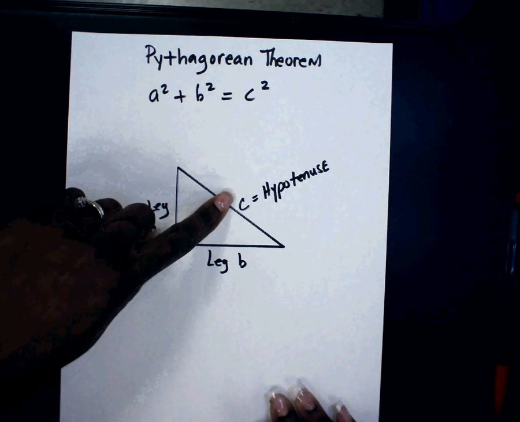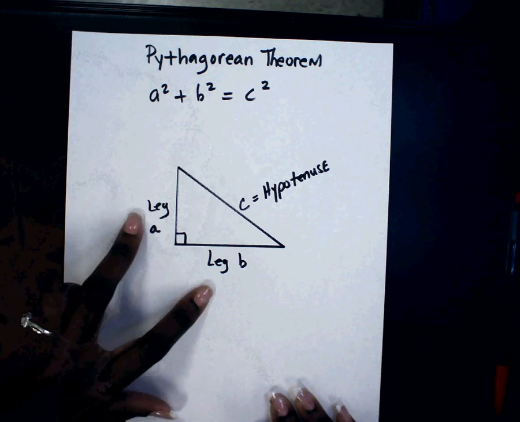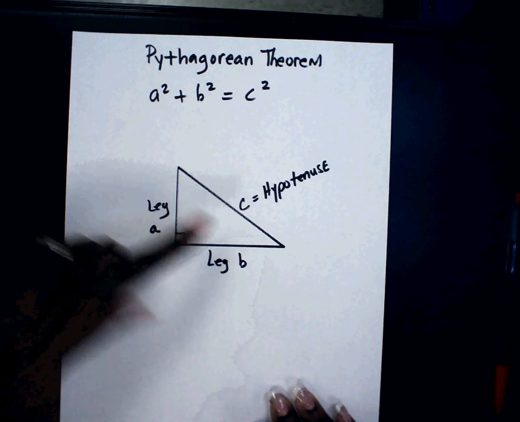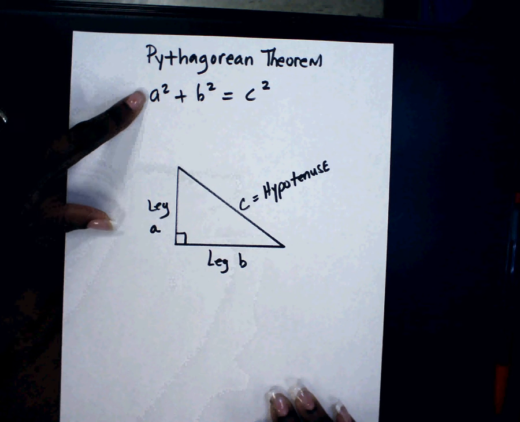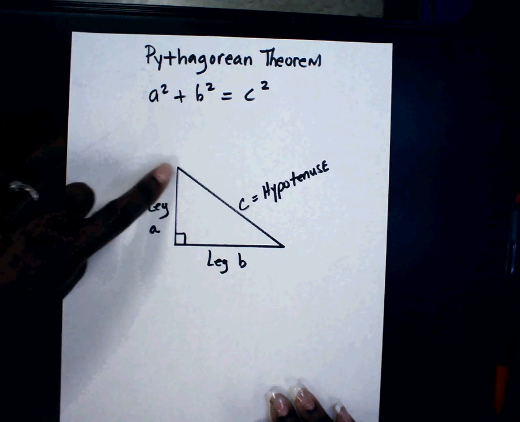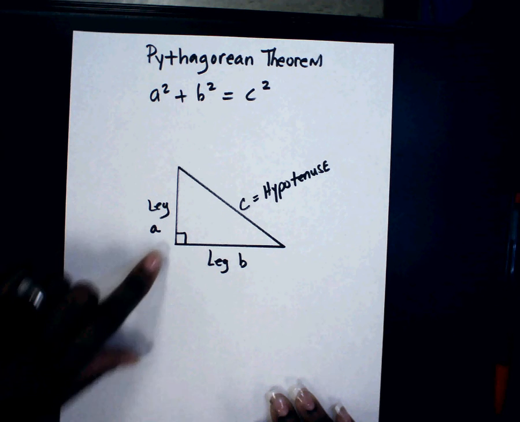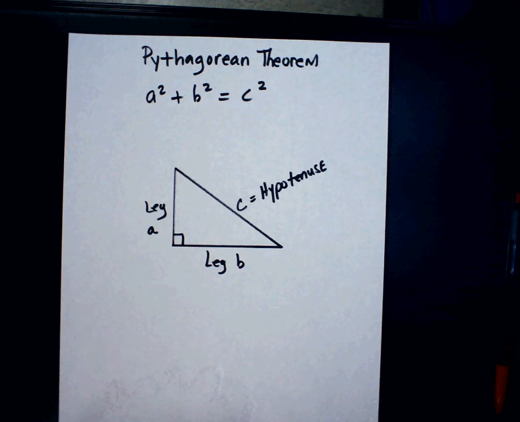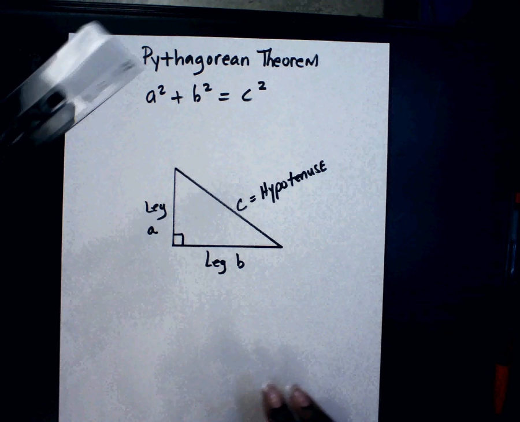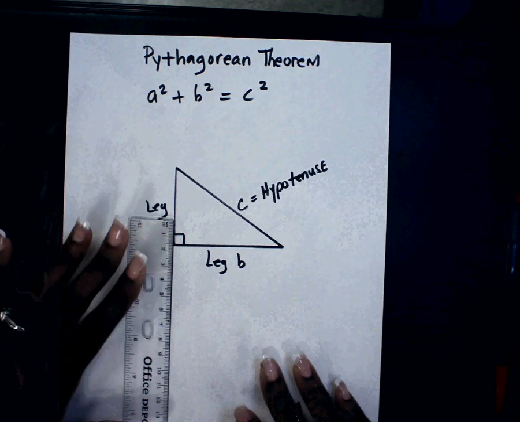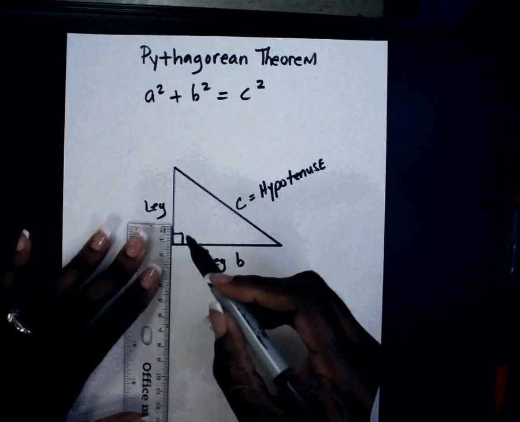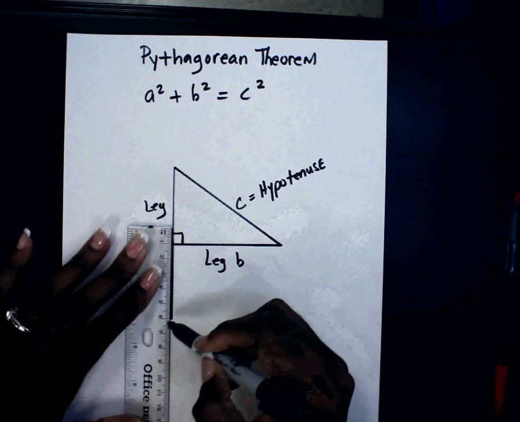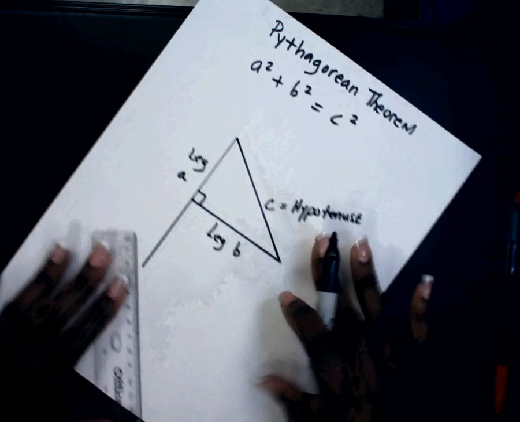And so the squares are the difference between the sides of my right triangle, and we look at the areas of the squares that come from the sides of the right triangle. So the next thing that I want to draw are the squares that are formed by the sides of the right triangle.